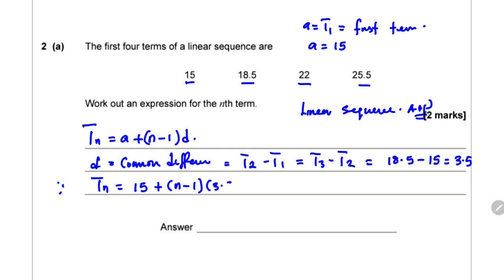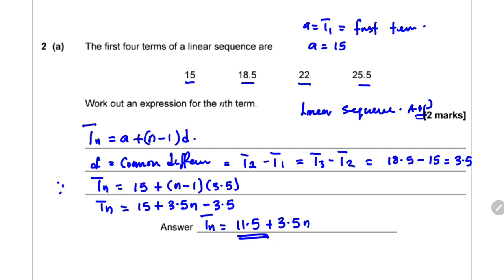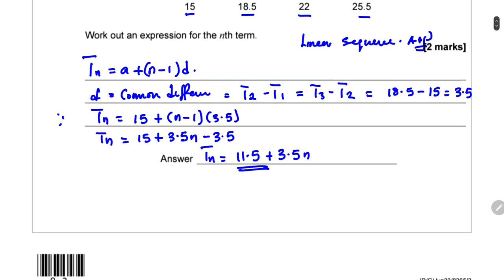Then we have 3.5 here. So this Tn will now be equals to 15 plus 3.5n minus 3.5. So 15 minus 3.5 is going to be 11.5, then plus 3.5n. So this is the expression for the nth term.